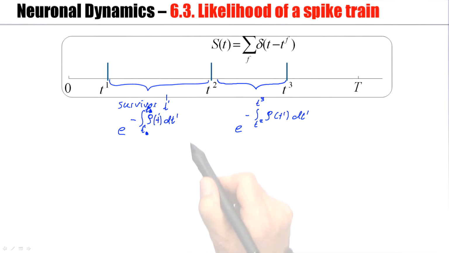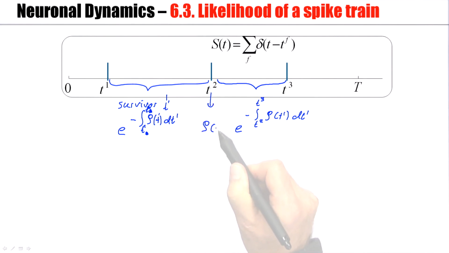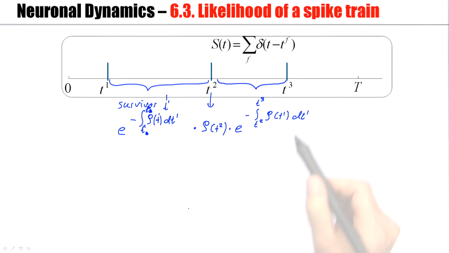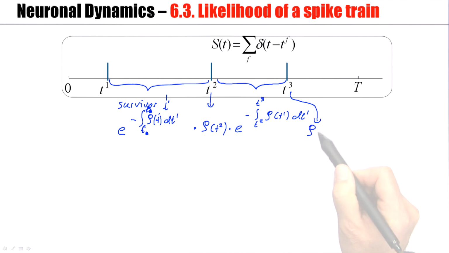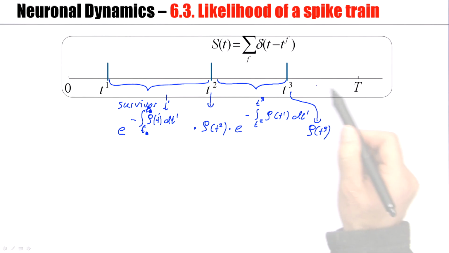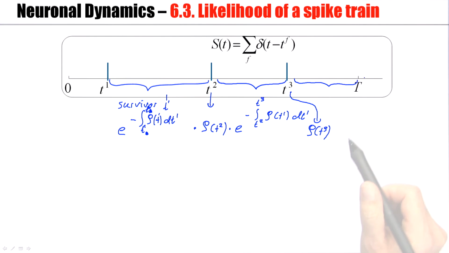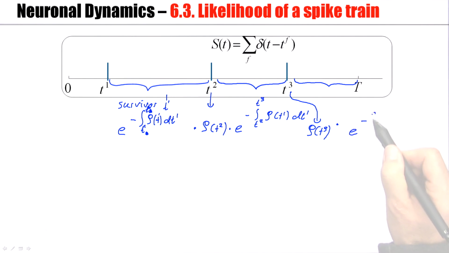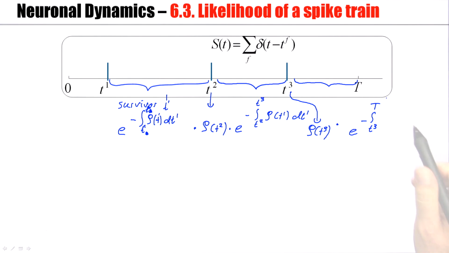But then the neuron actually has to fire at time t2. Well, it does so with a firing intensity rho of t evaluated at time t2. Similarly, it has to fire here at t3. And then it doesn't fire again between t3 and capital T. So it's again times e to the minus integral from t3 to the end of the measurement period of rho of t prime dt prime.